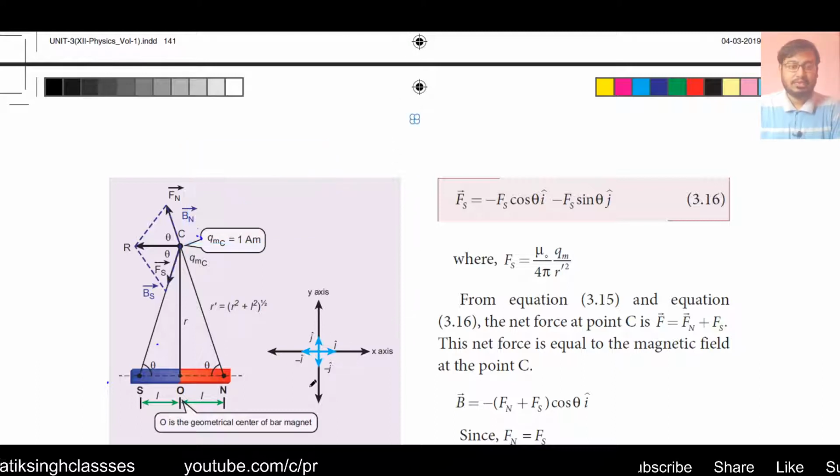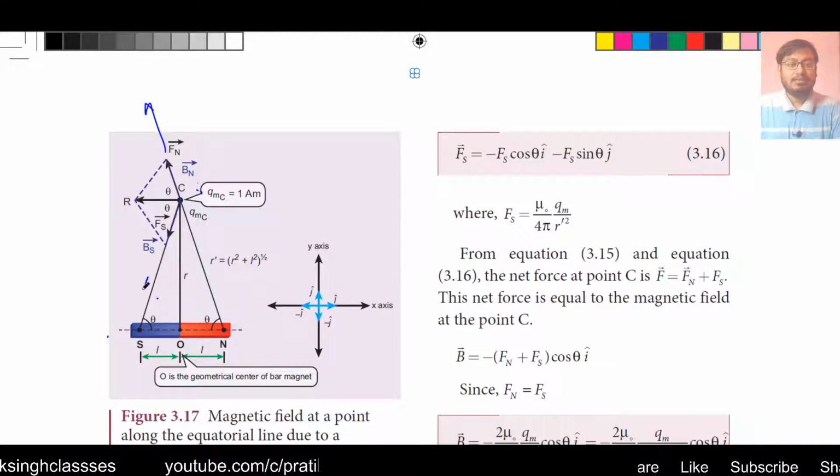So the north pole and the unit north pole repel, and the force at point C will be in this direction. The south pole and the unit north pole attract, so the force will be towards the south pole, as you can see in the diagram.